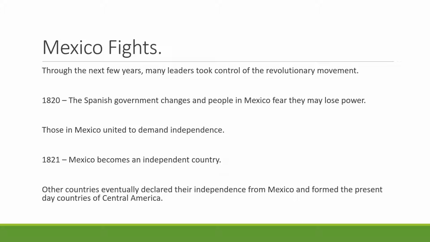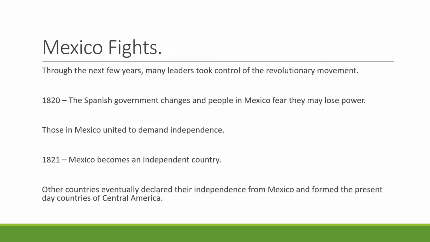Through the next few years, many different leaders are going to take control of the revolutionary movement. In 1820, however, the Spanish government kind of changed, and there are some new rules put in place and a new government system. And the people in Mexico fear that they may lose some power. Those in Mexico then decide to unite together to demand independence from Spain.